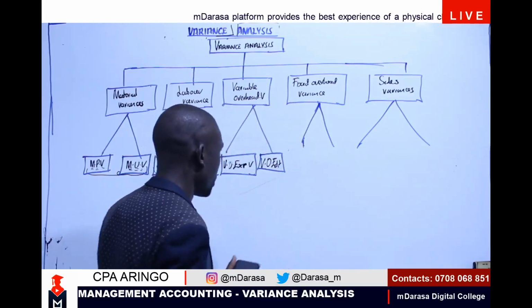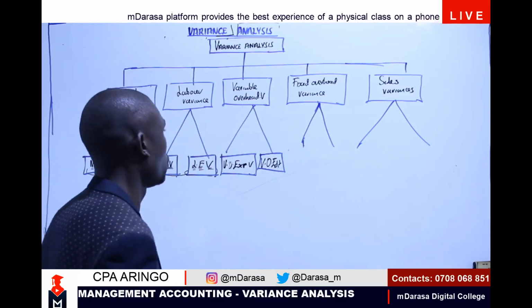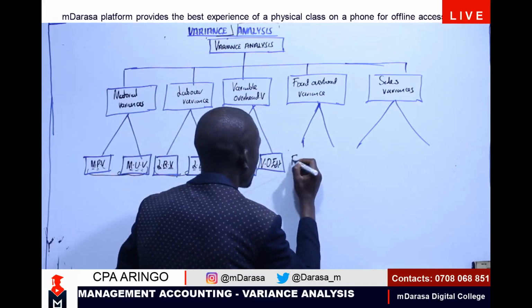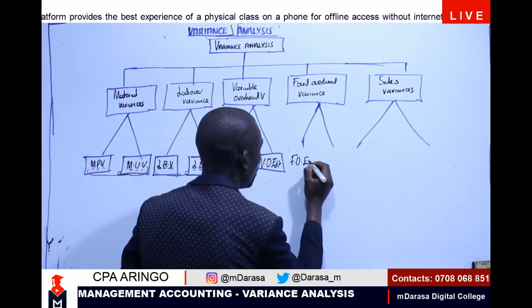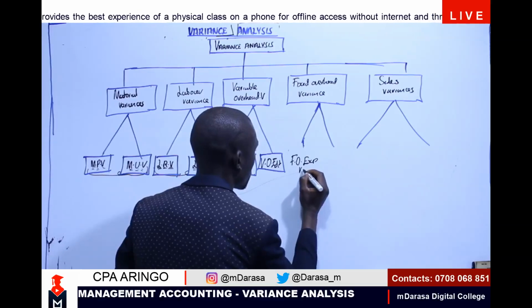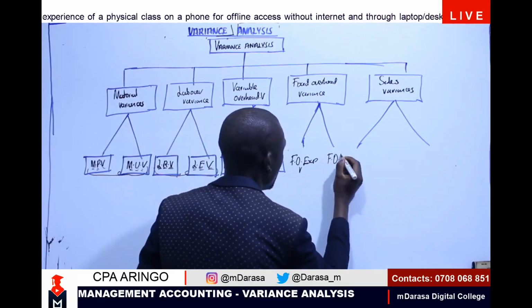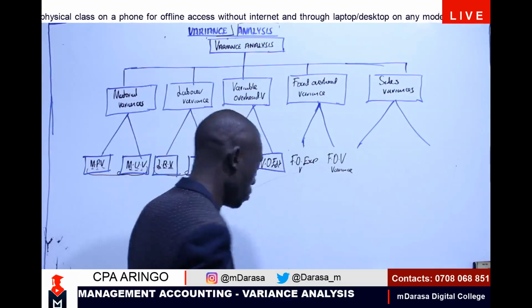So in that case, fixed overhead variance is divided into two, of which we'll be talking of fixed overhead expenditure variance, and fixed overhead volume variance.